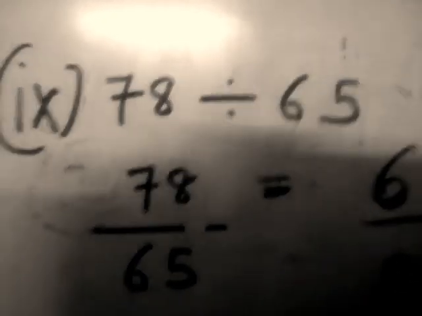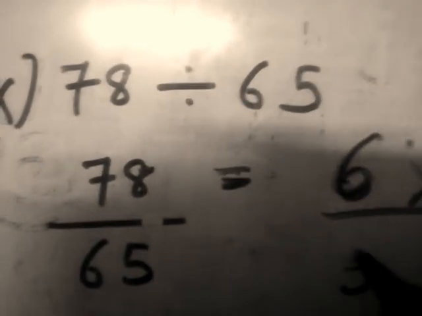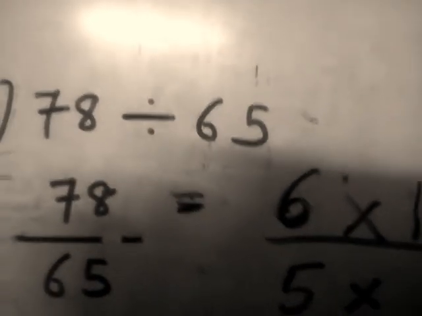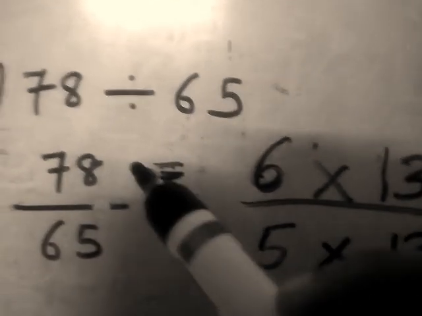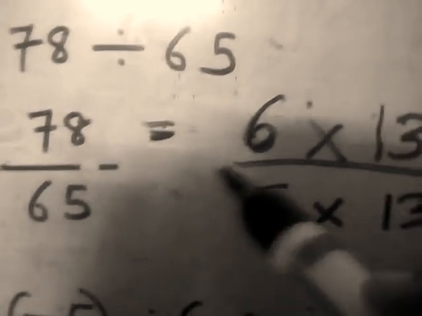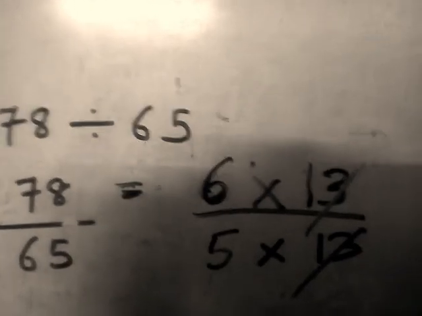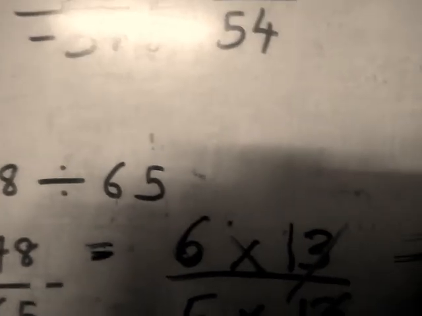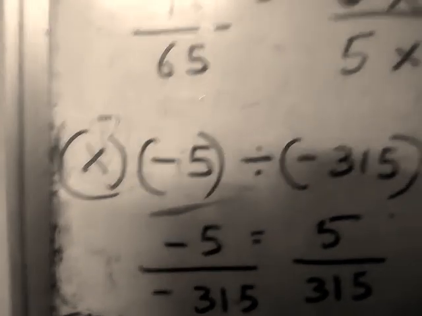You have to write it in the denominator. 65 number is there in the denominator, so you have to write it over here. 5 multiplied by 13. Now 13 and 13 both numbers are divisible by the same. 78 upon 65 is divisible by 13. So 13 gets cancelled. So 6 ones are 6. 5 ones are 5. Now your answer is 6 upon 5.